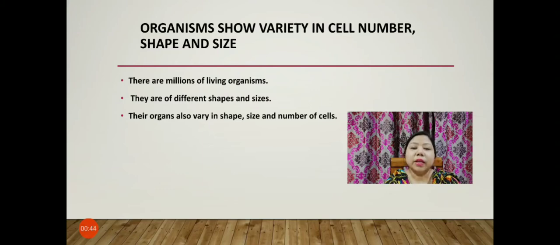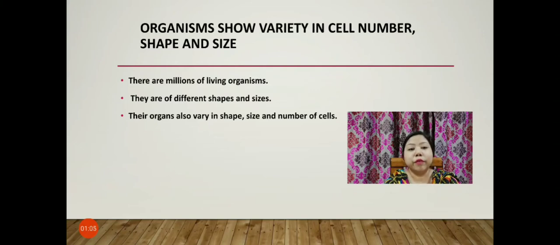So the living organism is made up of a number of cells. There are a number of cells present in the living body, and the shape and size of the cells are different. There are trillions and millions of cells in living organisms.